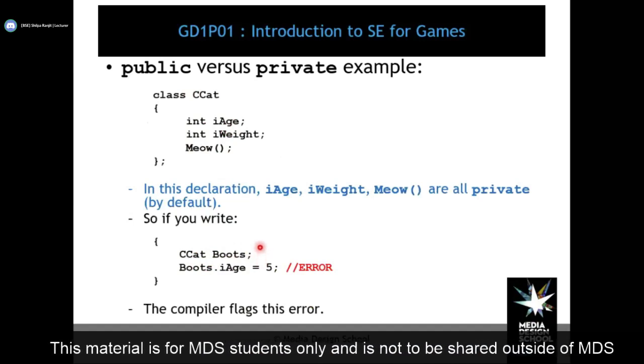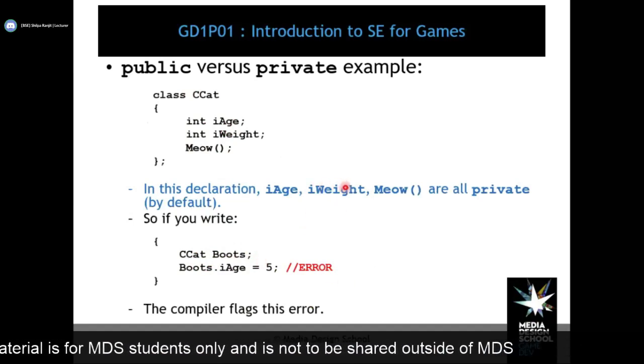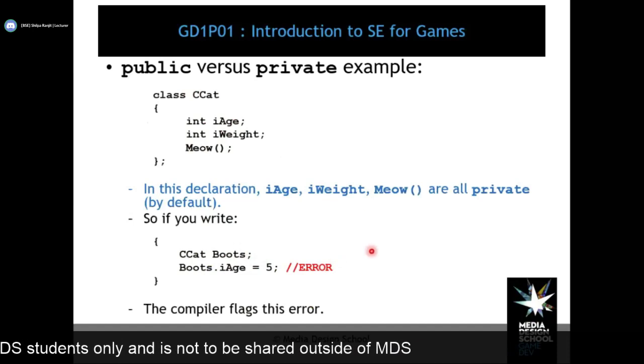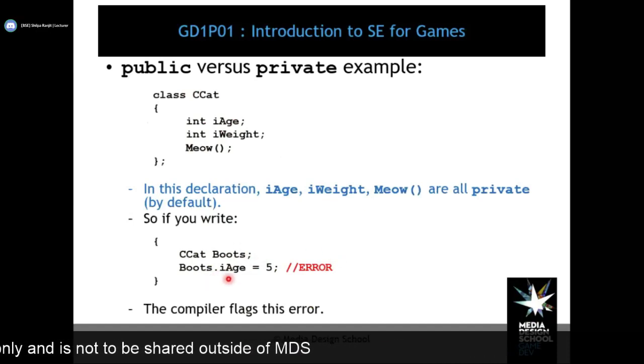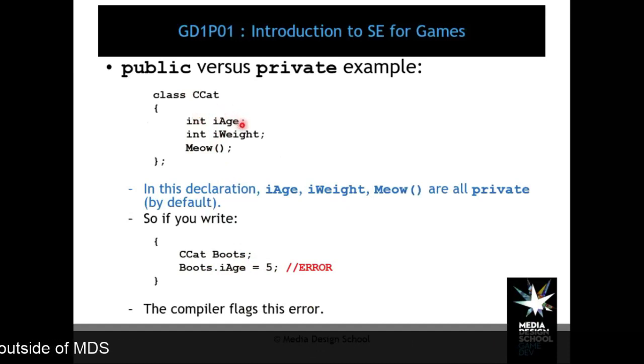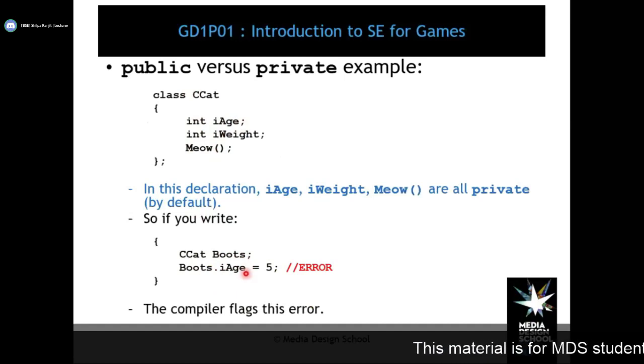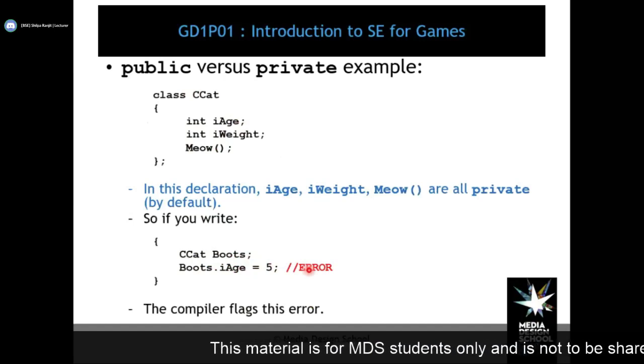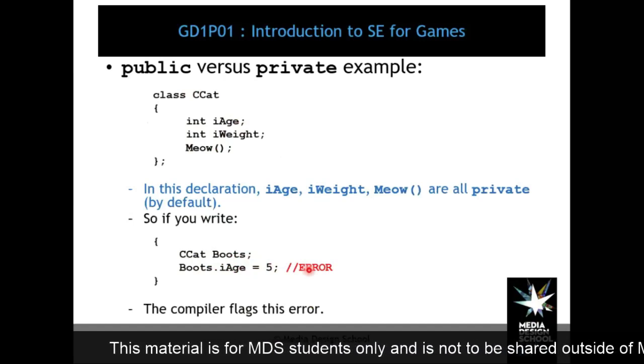Memory of size 8 is allocated for boots. But if you say boots.iH, the compiler finds that iH is a private member. And since it is a private member, the outside world, that is anything outside the class, does not have permission to access it, and it is going to throw you an error.